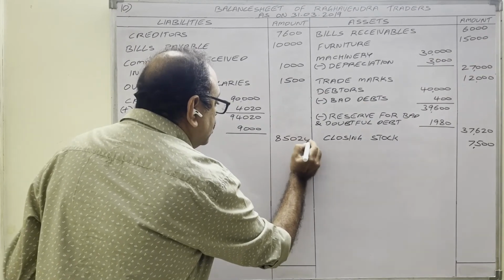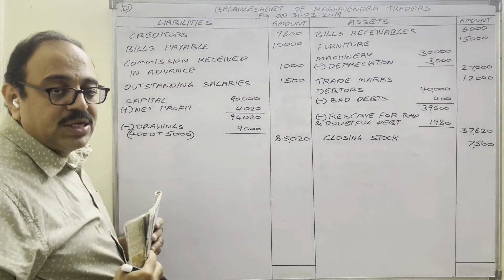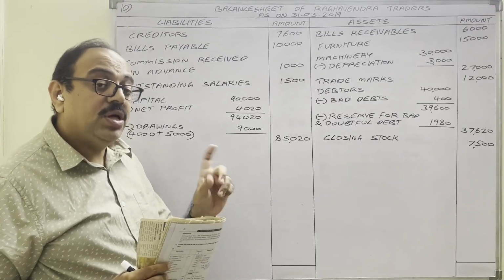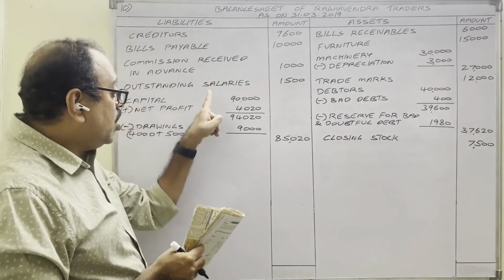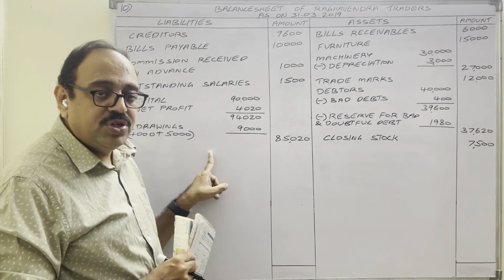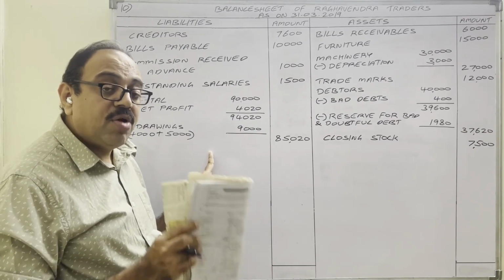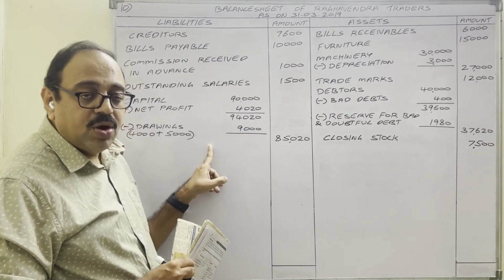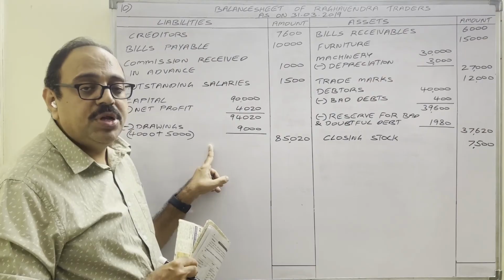Final amount in outer column 85,020 rupees. Interest on drawings is given in the trial balance. You know? That amount in profit and loss account credit side we wrote, but we are not taking here because trial balance amounts only one time we should write. That one time in profit and loss account already we wrote. So why not here? Because in trial balance he gave means what?